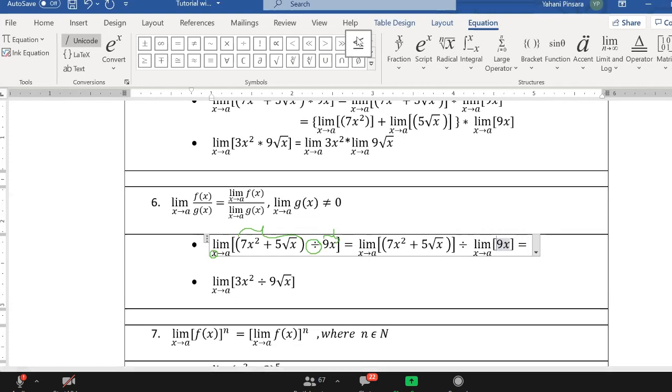So what I have done is I have taken this whole thing here along with the limit, and took this division here, right? The same thing you have to do for this one.